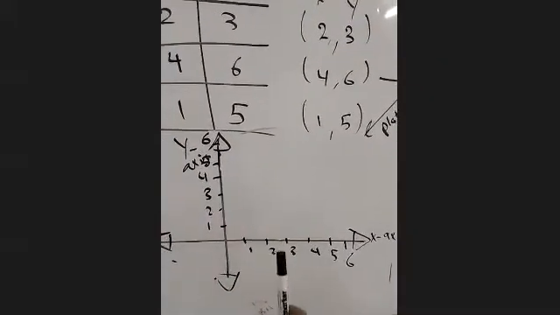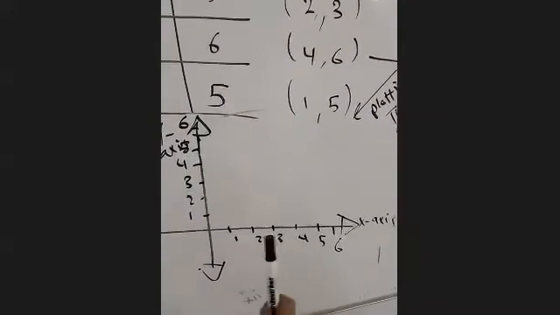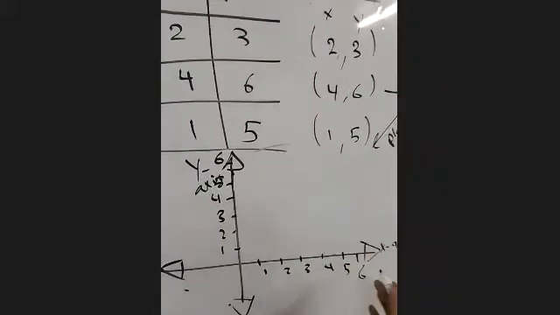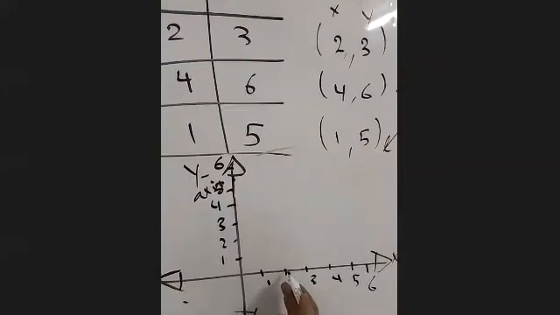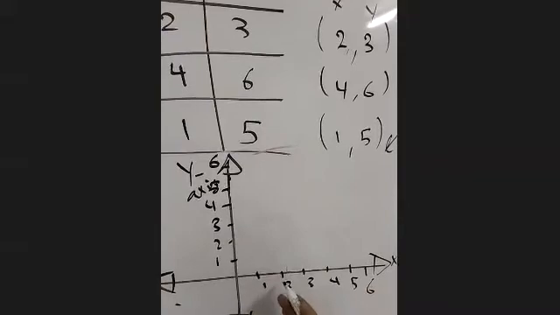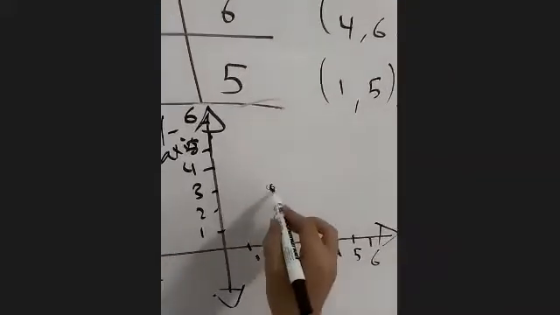Always x, then y. Not y, then x. This is wrong. So to plot 2 and 3, we go to the 2 on the x-axis and up until we have the 3 and put a point here.